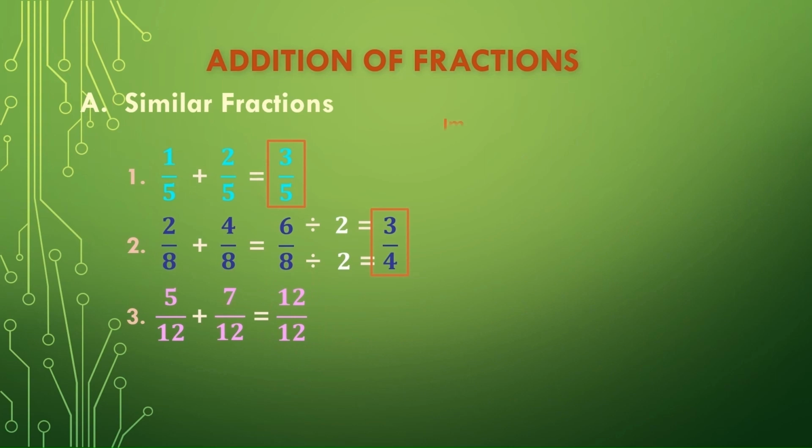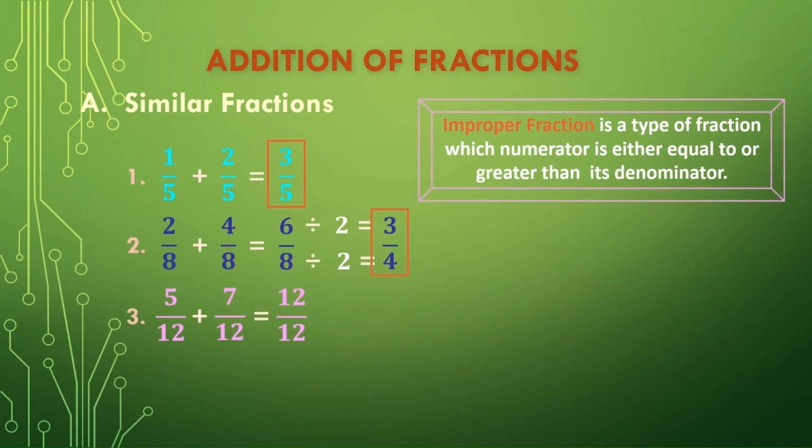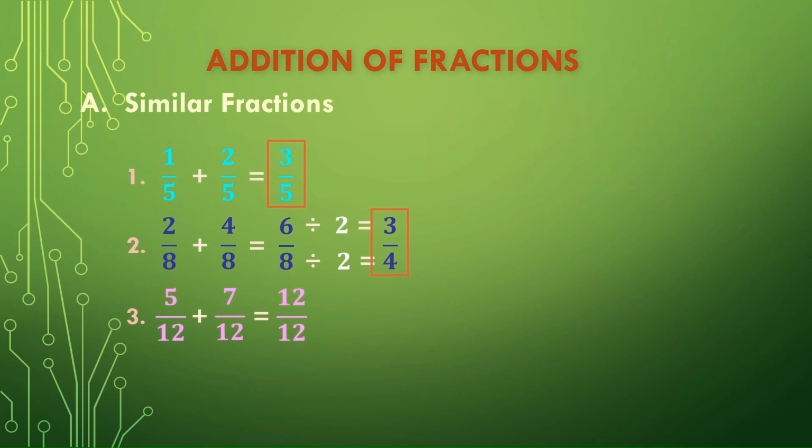In my previous video on types of fractions, we defined an improper fraction as a type of fraction whose numerator is either equal to or greater than its denominator. In the case of 12/12, the numerator and the denominator are the same.